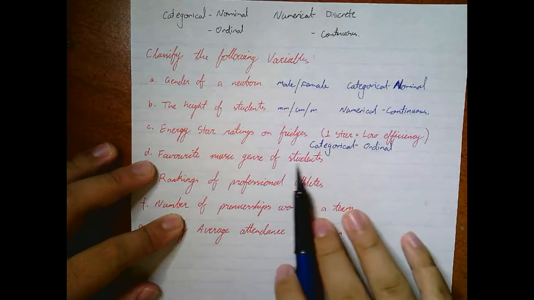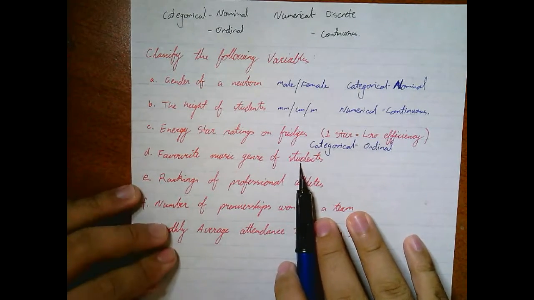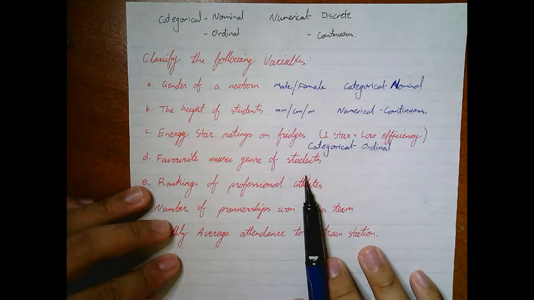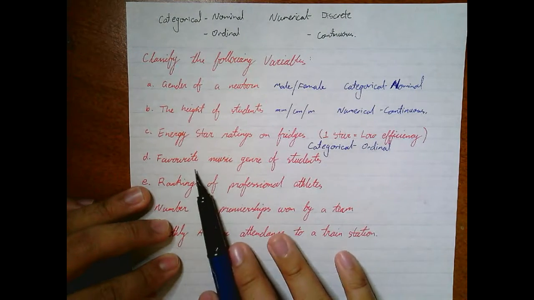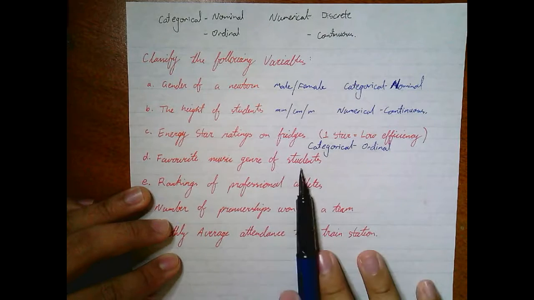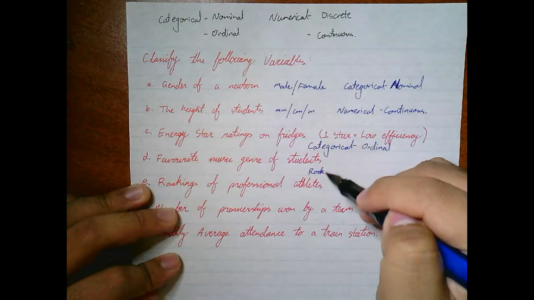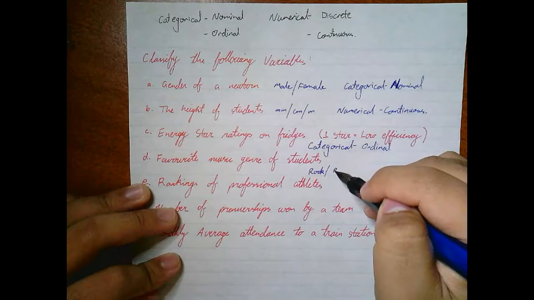Favorite music genre of student. Okay, so clearly not numerical. There's no numbers involved with these. So if I ask someone, what is your favorite music genre? Someone could say, I don't know, rock. Someone could say rap.